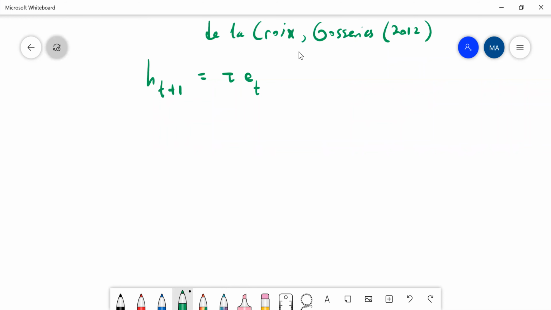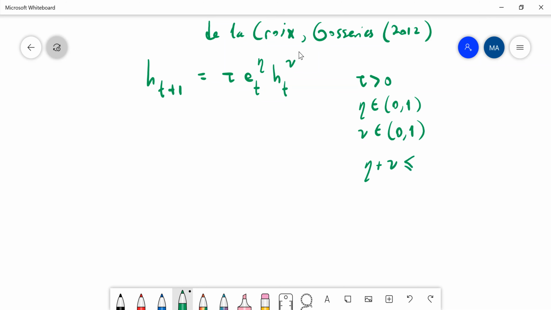It is a Cobb-Douglas technology, and it has this form. Tau is positive, eta is between 0 and 1, and nu is also between 0 and 1. The assumption is that eta plus nu could be less than 1 or could be equal to 1.